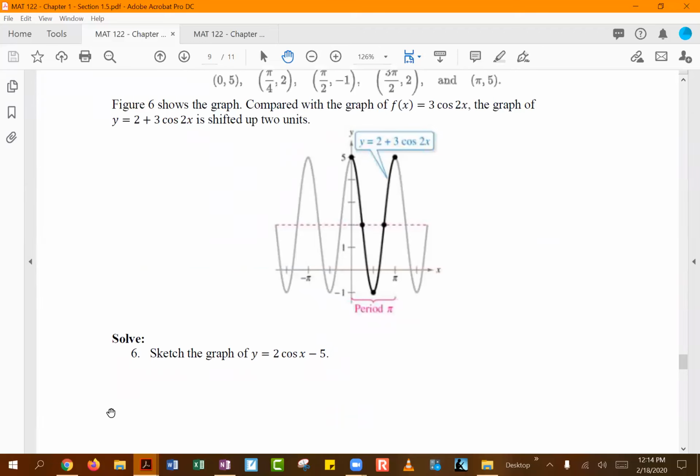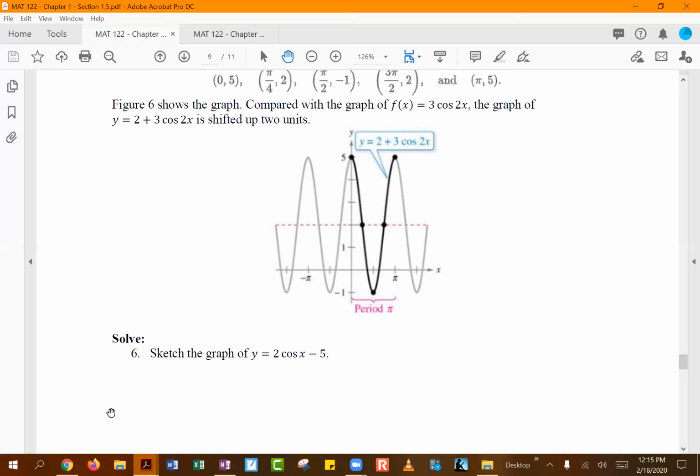Your minimum at -1, maximum at 5, and now this becomes your horizontal axis at y equals 2, which is what I'm calling our intercepts. Okay. And then of course your period is pi, because you would take 2 pi divided by 2, which would give you the period of pi.